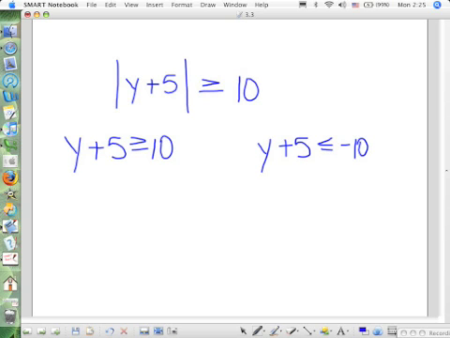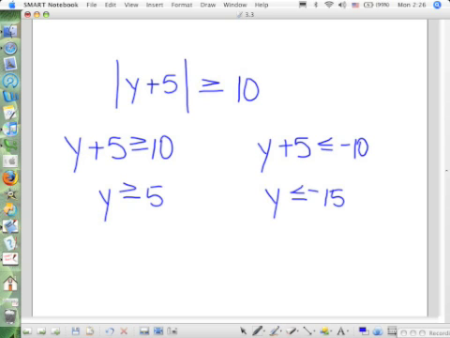All right, well now to get down to what your lines are, you've got to isolate y. So you subtract 5 here, and you subtract 5 here. And so here are your two lines, okay?